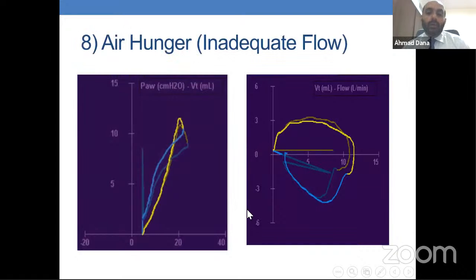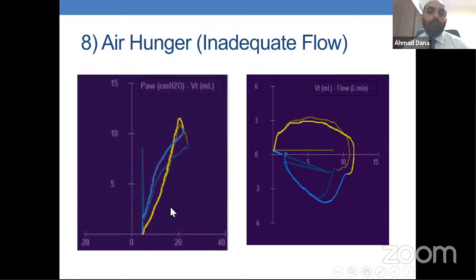Now, if you have air hunger, if you have this figure of 8 shape, it means that the baby himself is creating the flow. This means that you are not giving him the enough pressure he needed.